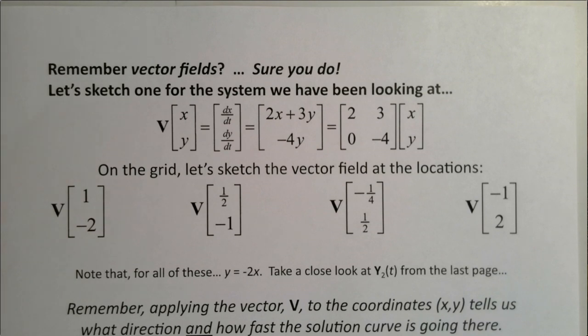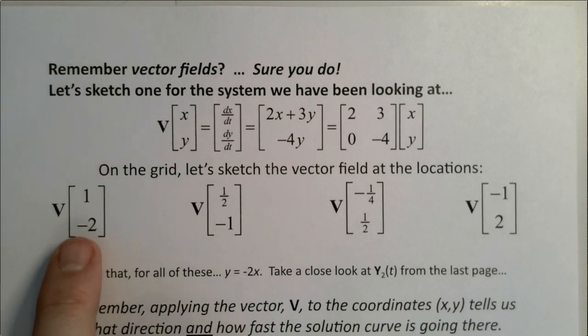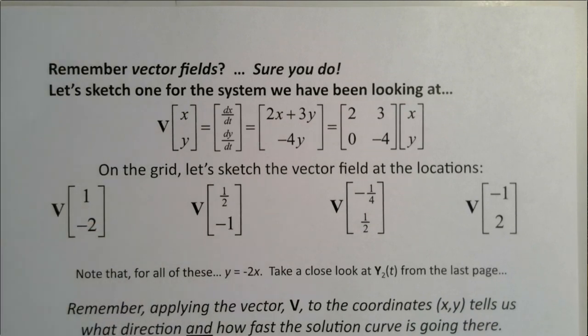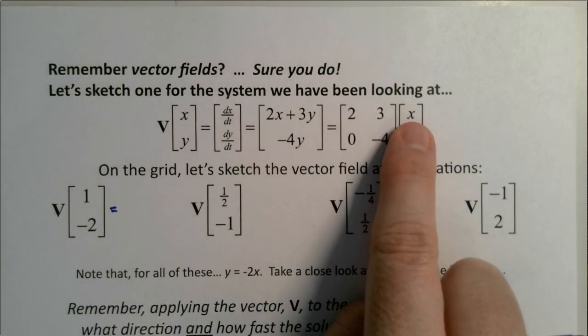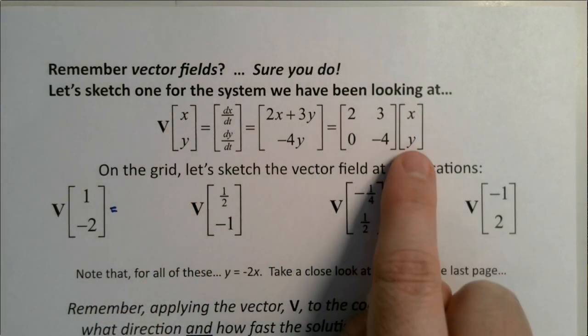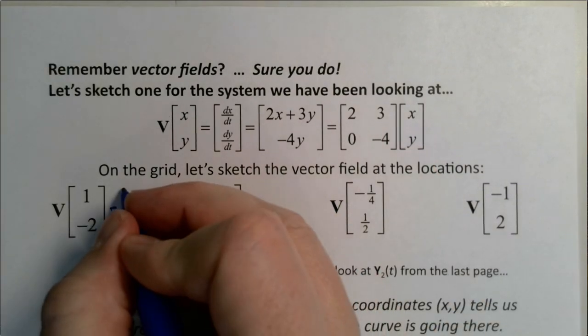So for example, if we say, what's the vector field value when x is 1 and y is negative 2, I'm going to plug that in here: 2 times the x coordinate plus 3 times the y coordinate. That's going to be the top of this.